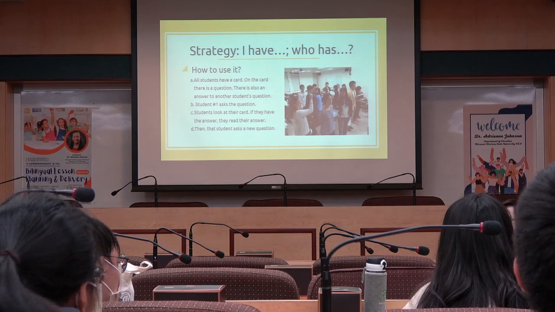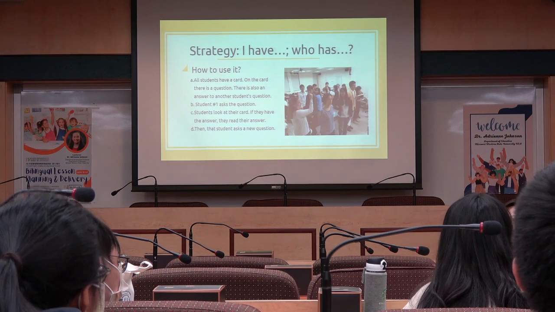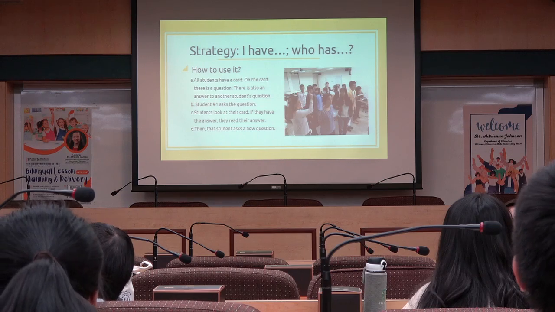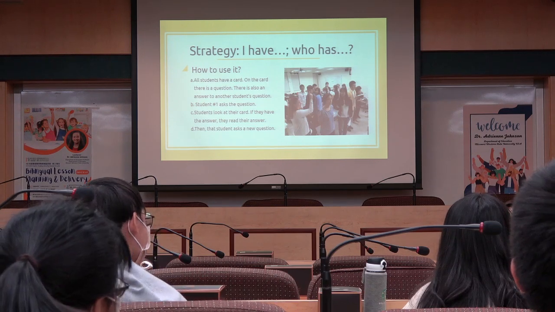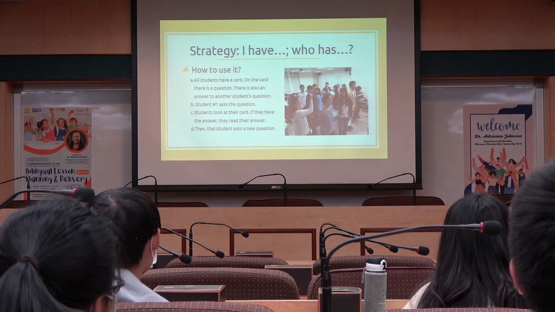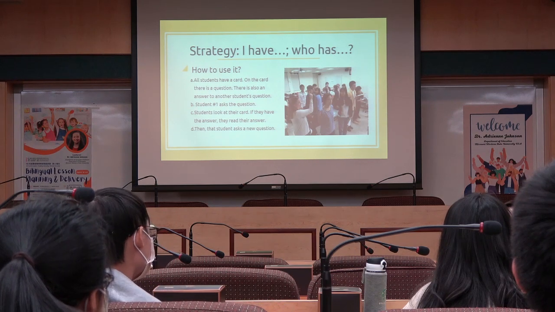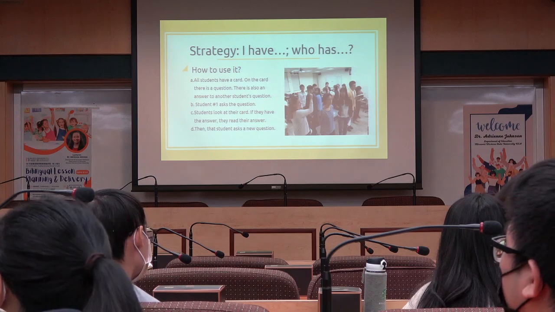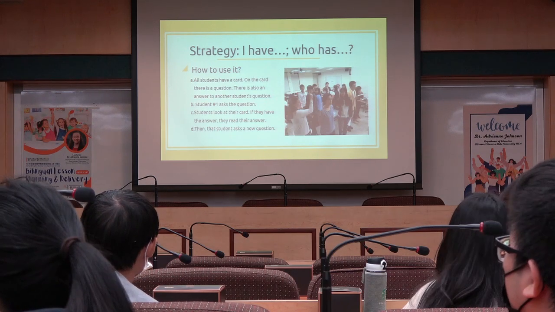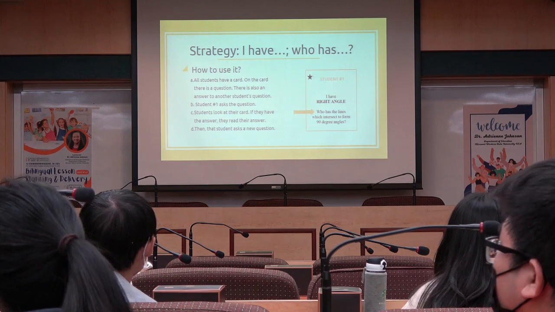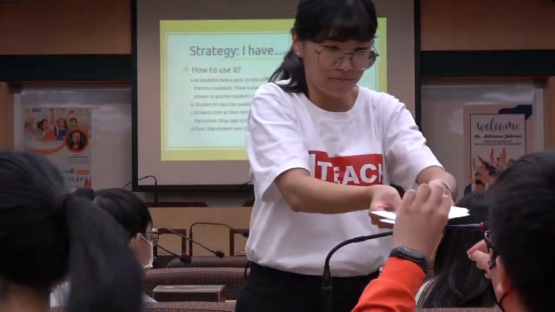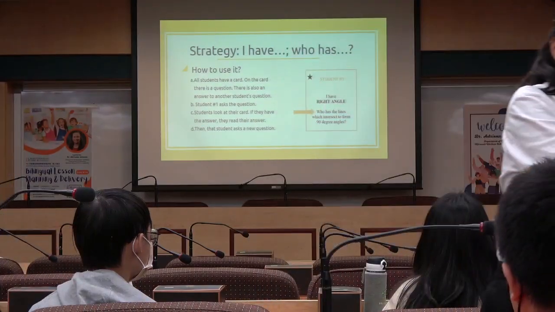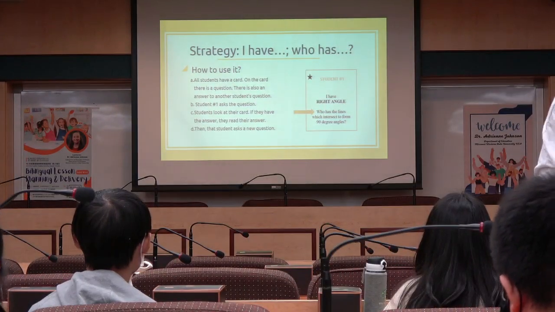So they have to look at their card. Oh, I have that. And then that person stands up and says, I have the answer. And then there's a question. Who has? New question. We're going to practice, okay? So for instance, if student 1 says, I have, oops, we're going to start with the arrow.